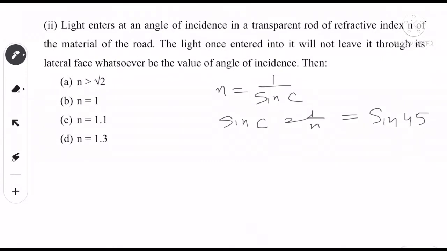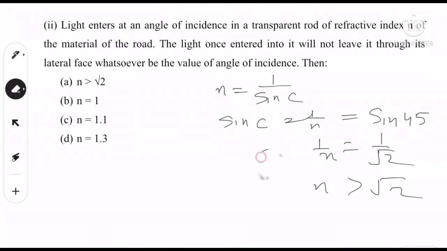Thus 1 upon n will be equal to 1 upon under root 2, or n must be equal to or greater than under root 2. Means A is the correct answer.